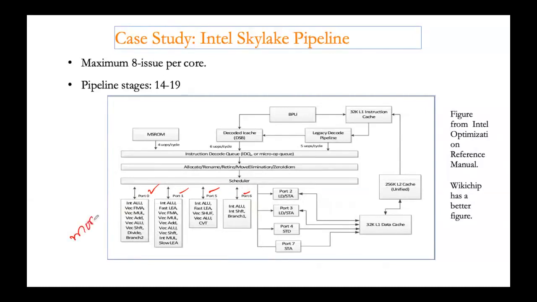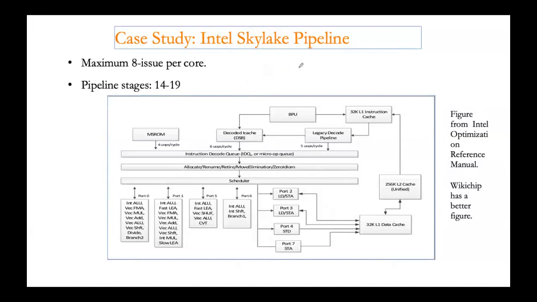By Moore's law, more functional units are added to execute multiple instructions. So in this case, 8 ports are there, and sometimes it may start with 4 to 8 instructions. Based on that, the pipeline used by this Skylake has 14 to 19 pipeline stages.